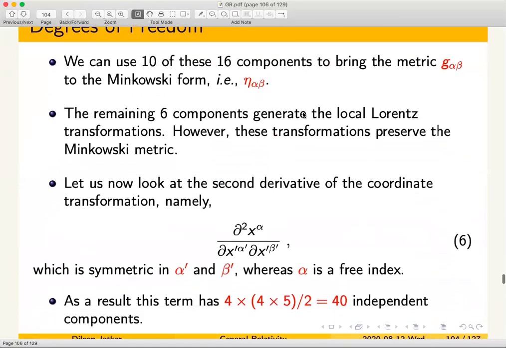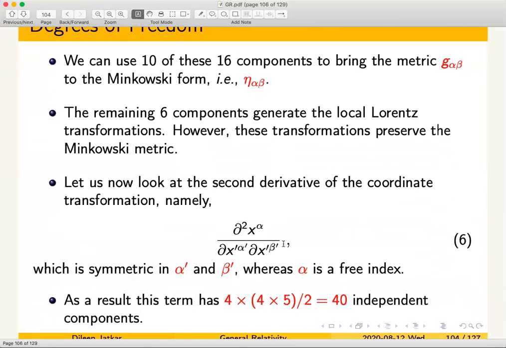So this is an expression, and in this expression there are 3 indices, of course: alpha, alpha prime and beta prime. But because it's a second partial derivative term, it is symmetric in alpha prime and beta prime. You could have taken the derivative any which way you want. Whereas for x alpha, this alpha index is completely free. It is neither symmetric nor antisymmetric with respect to alpha prime and beta prime.